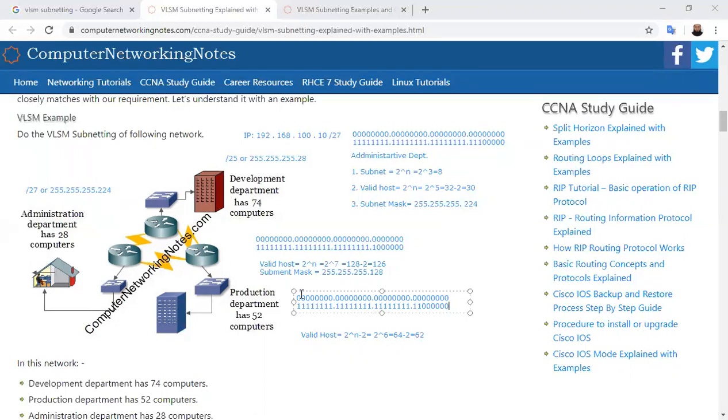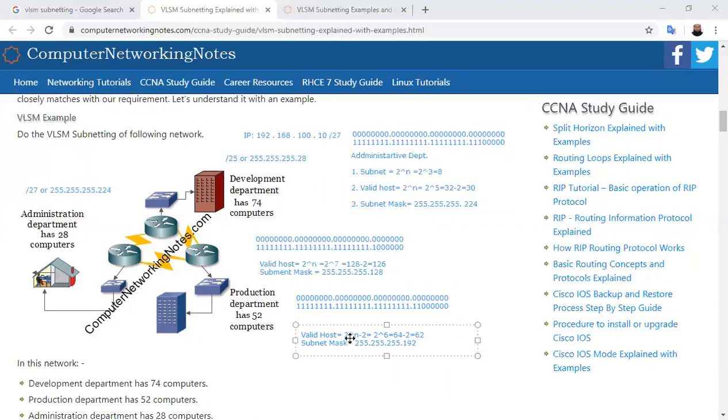Now we have to find out the subnet mask. It's very easy. Subnet mask equals, we just convert this binary number to a decimal dotted number: 255.255.255.192. If we convert this binary number to decimal, it will be 192.